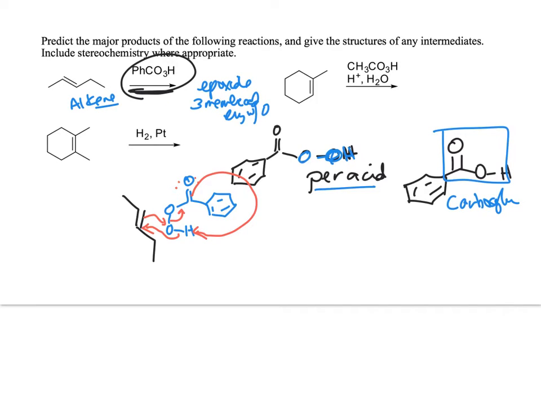So you end up getting the acid, and you end up getting an epoxide. So here's this carbon and this carbon, and this is this oxygen. And that's an epoxide.